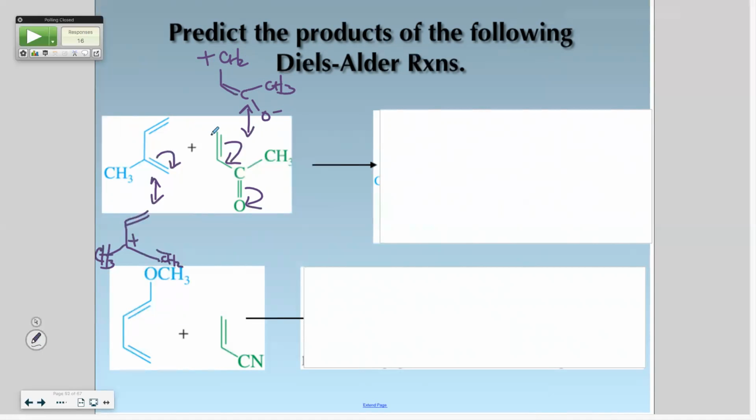So this carbon is going to want to go to this carbon. Okay, so the easiest way to do that is to flip one of them. I don't know which one was flipped in that original thing, so I'm going to flip the first one and put it like this, okay, plus this, and now do your arrows.